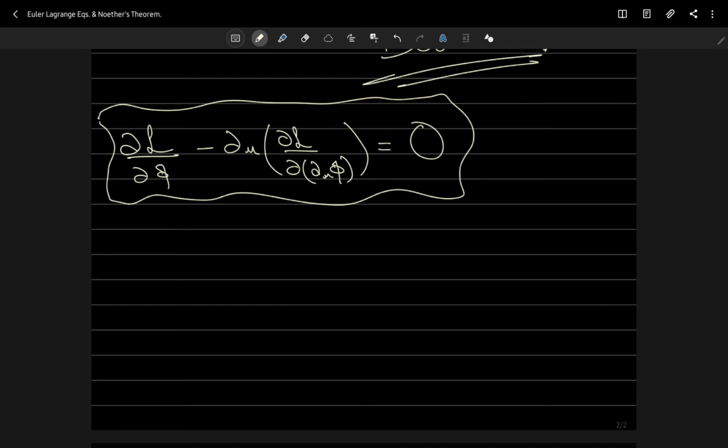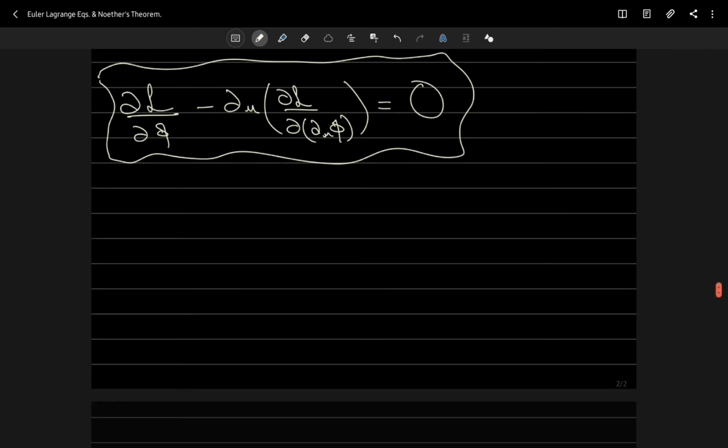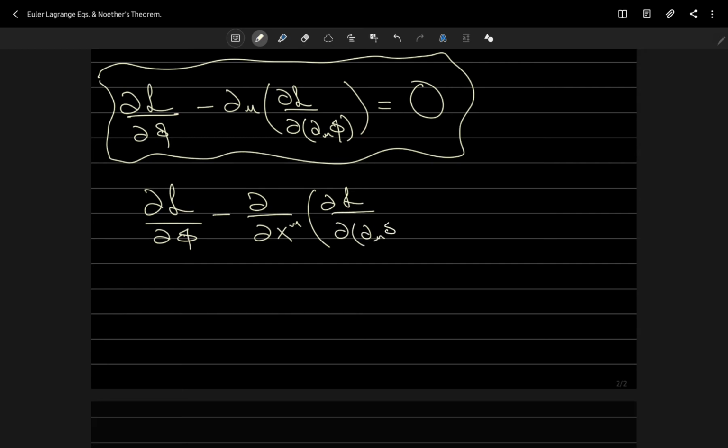What we can do over here is open this thing and write it as partial L over partial phi minus partial over partial x mu of partial L over partial partial mu phi is equal to 0.